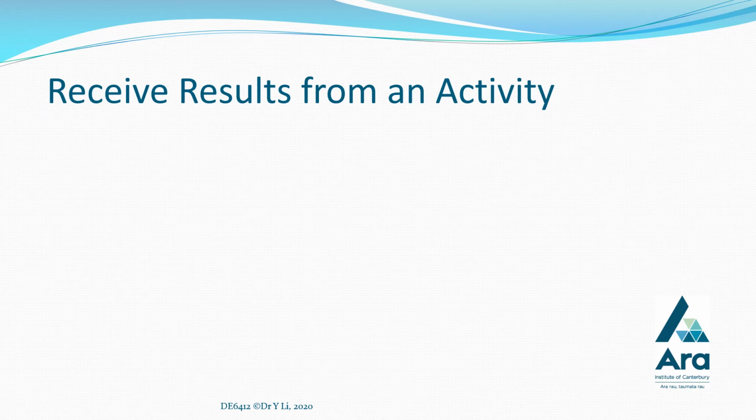When starting a sub-activity, the communication can be two ways. The main activity can pass data to the sub-activity, and the main activity can also receive result back from the sub-activity. To be able to receive result back, we need to start the activity in a slightly different way.